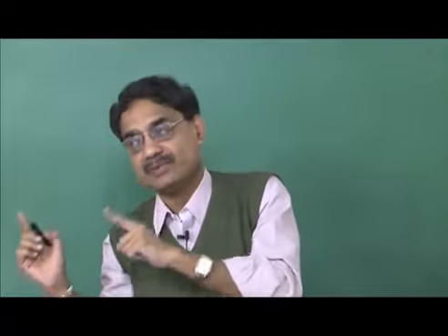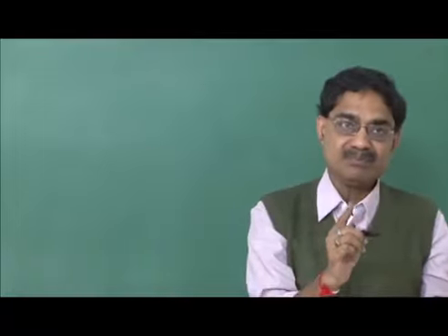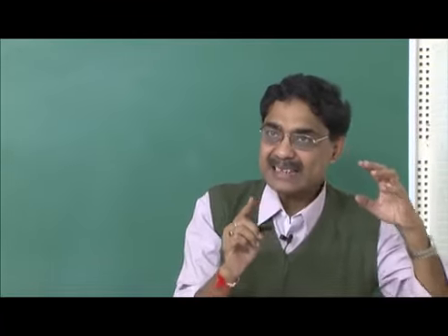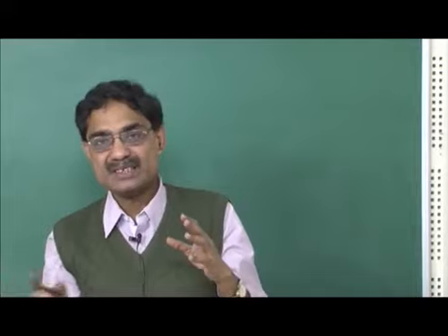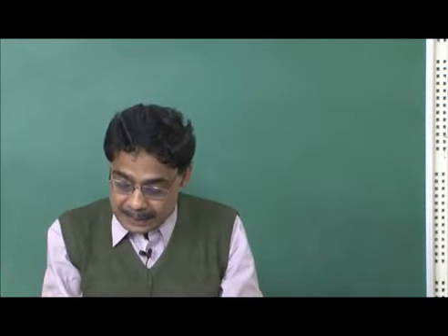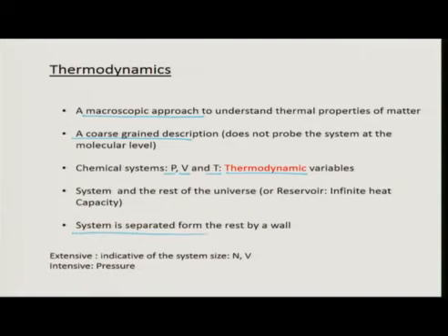plus the rest of the universe. So, I will have a system which is my experimental system and then the rest of the universe which is interacting with the system. Okay? This is a very important statement.